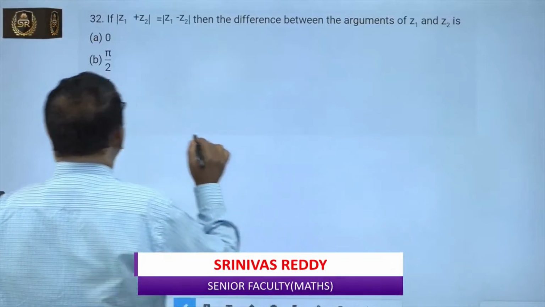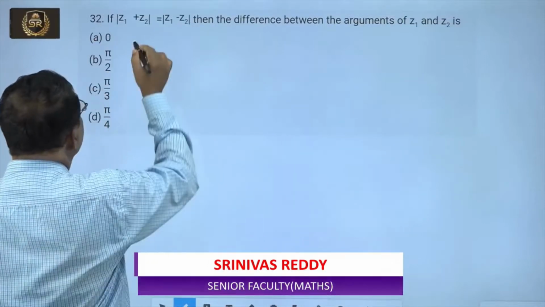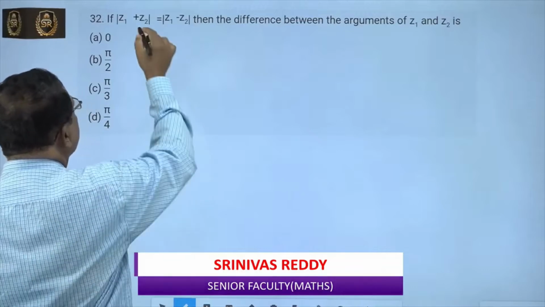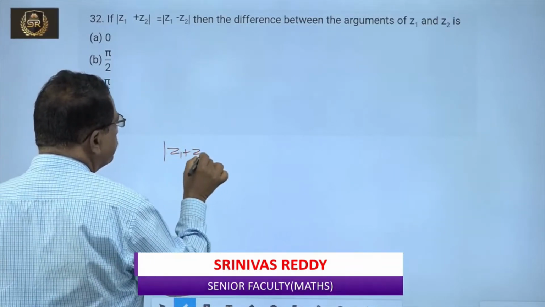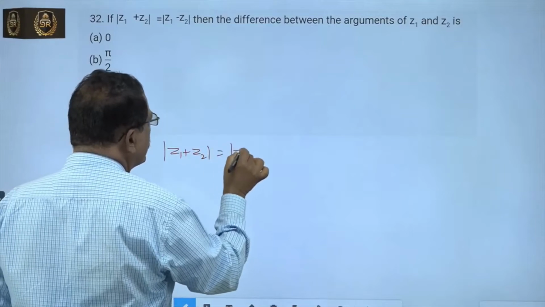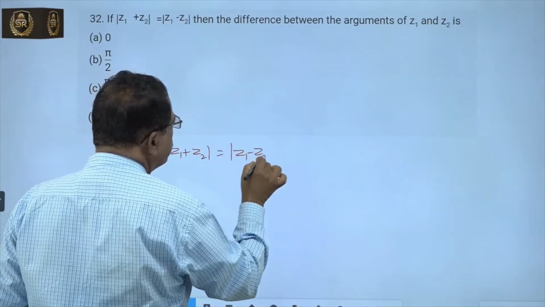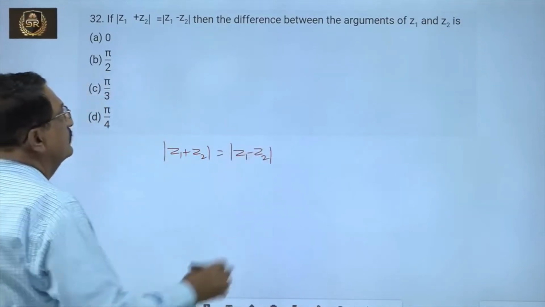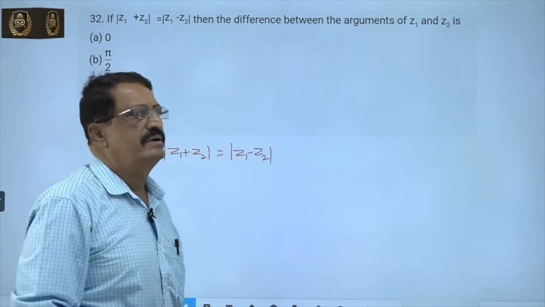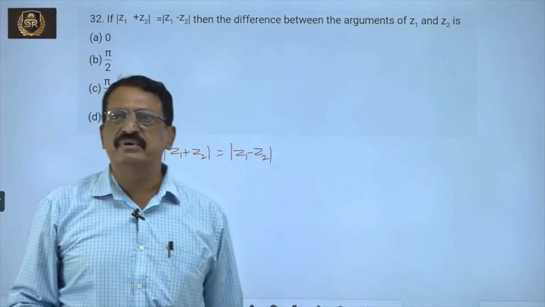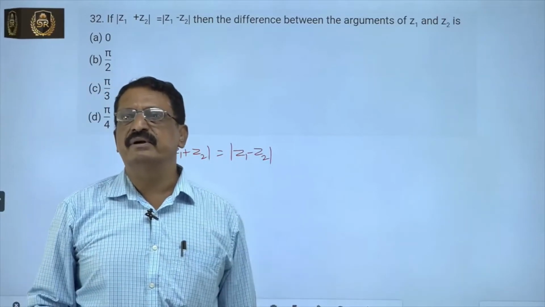Next, if given the condition mod of z1 plus z2 equals mod of z1 minus z2, then the difference between the arguments of z1 and z2, that is, required argument of z1 minus argument of z2.